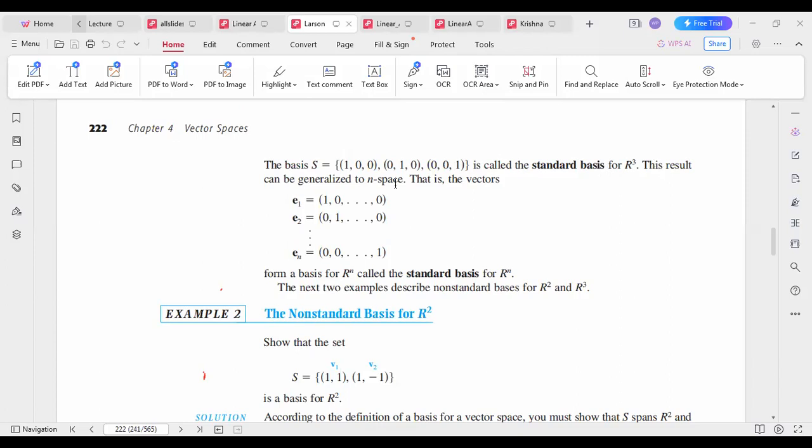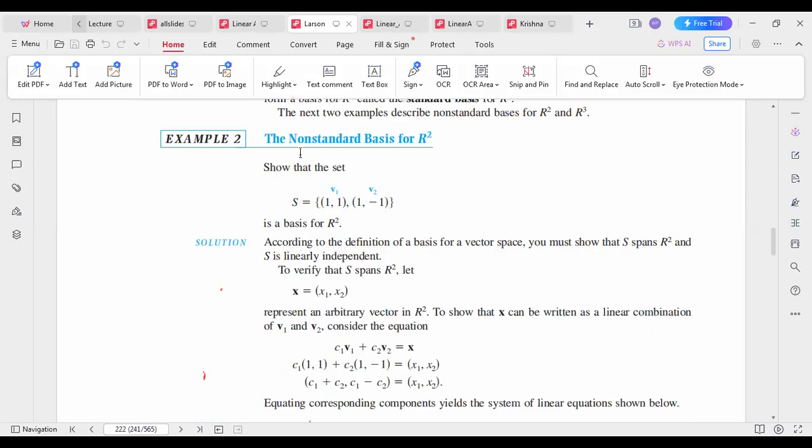The result can be generalized in n space also. e1, e2, dot dot up to en form the basis of Rn space, the standard basis for Rn space. So now another example in R2 space: show that (1,1) and (1,-1) are a basis of R2.